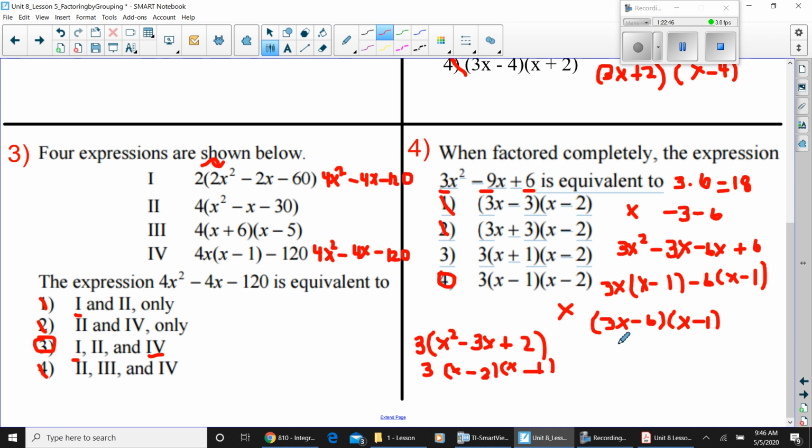Again, you could factor by grouping here and then take out this 3 here, and it would become 3x minus 2, and then x minus 1, which is the same answer as we got over there. And that's basically it.